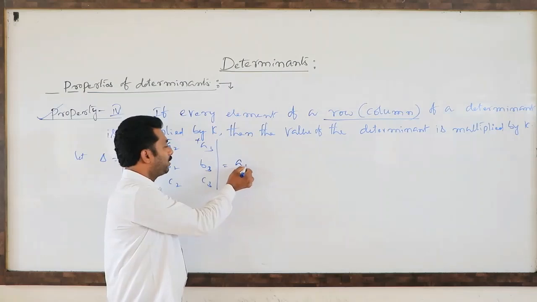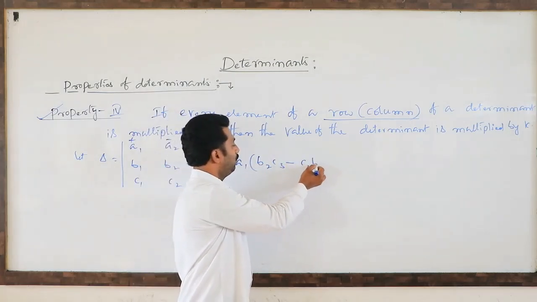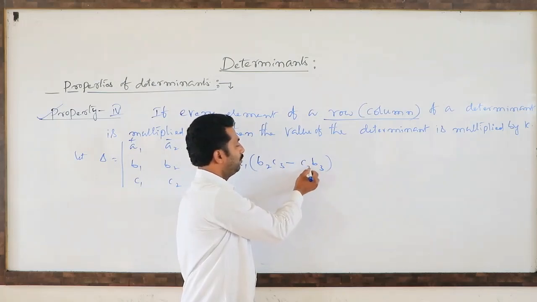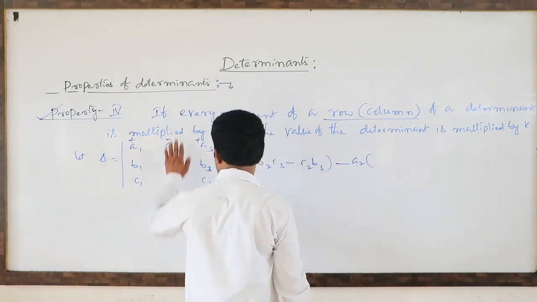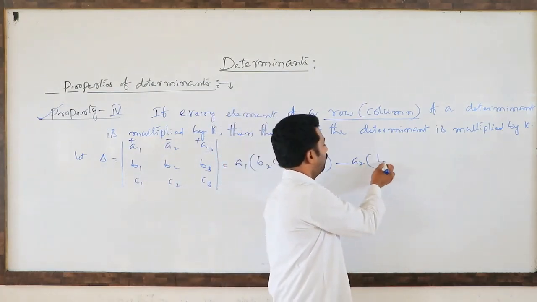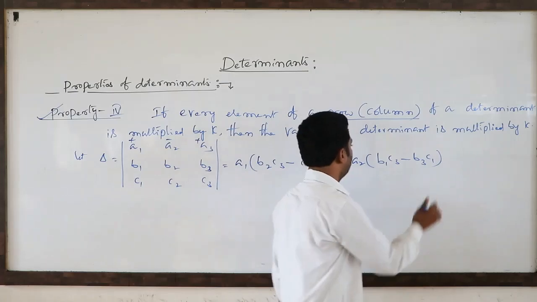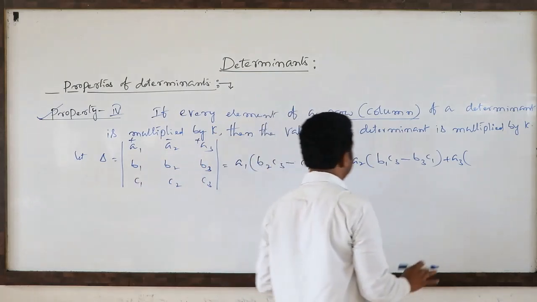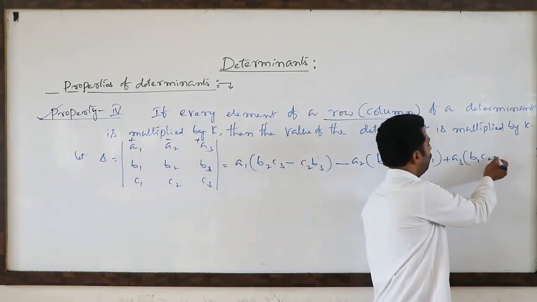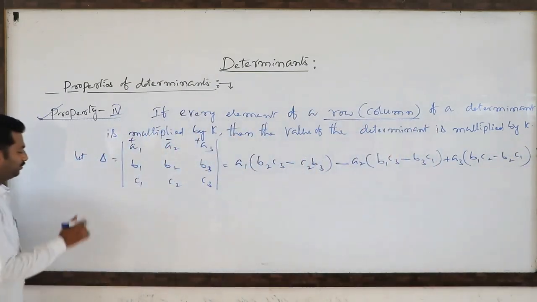No doubt about it, the expansion is A1 into (B2 C3 minus C2 B3), minus A2 into (B1 C3 minus B3 C1), plus A3 into (B1 C2 minus B2 C1). This is the determinant.